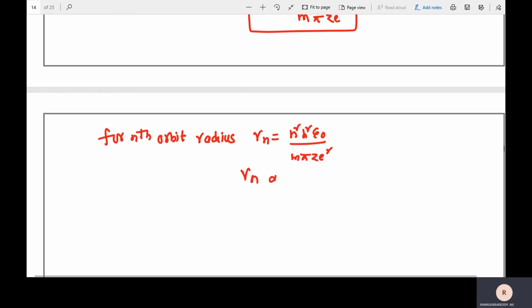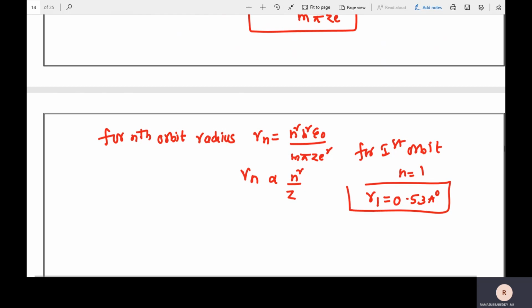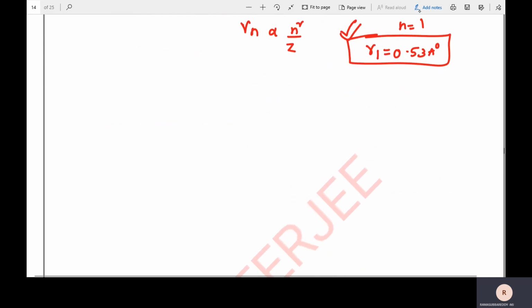Then radius Rn is directly proportional to n square by Z. For the first orbit, n is equal to 1, then our R1 is equal to 0.53 angstrom. That we have to remember. While solving the numericals, we'll use these values. For the first orbit, 0.53 angstroms.